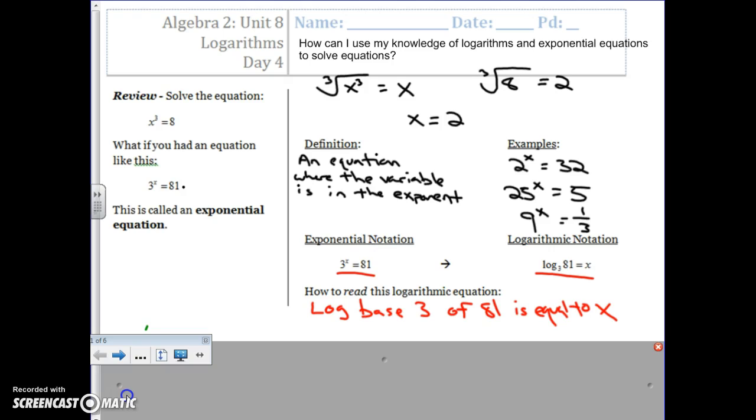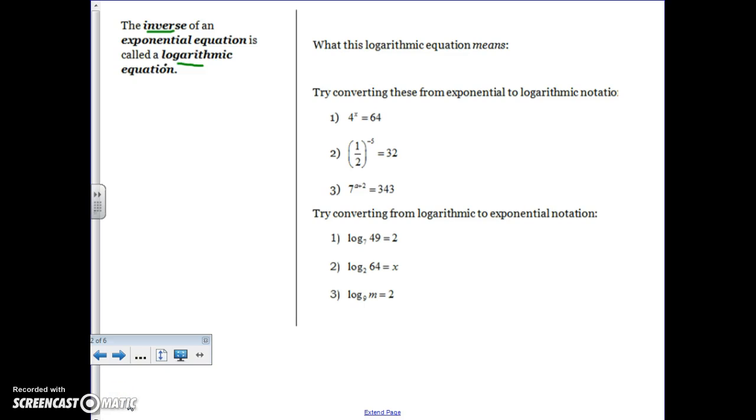So log notation is always equal to whatever the exponent was in exponential notation. As you can see in exponential notation, x was the exponent. In log notation, it's set equal to x. So log notation is equal to the exponent, and we use it to find out what the exponent is when it's unknown. So the inverse of an exponential equation is called a logarithmic equation.